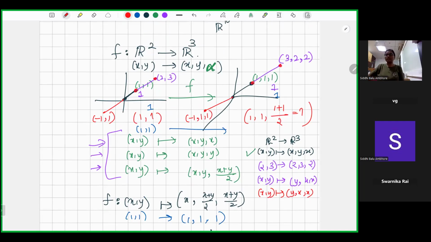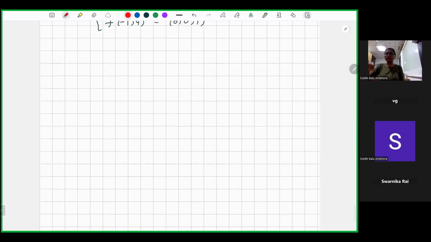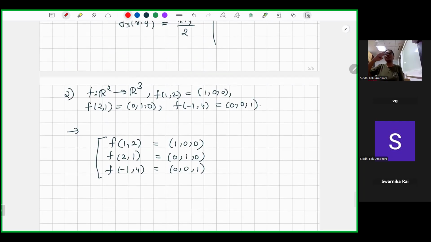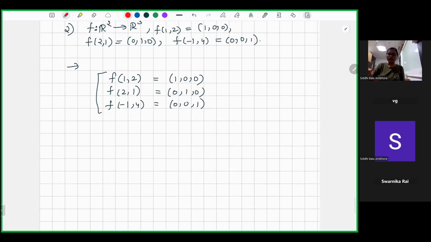Then can we define such a function? And so on. So that's what our problem is, that as long as certain images are given, can we find a linear function satisfying those properties or not? So that's what we will do.